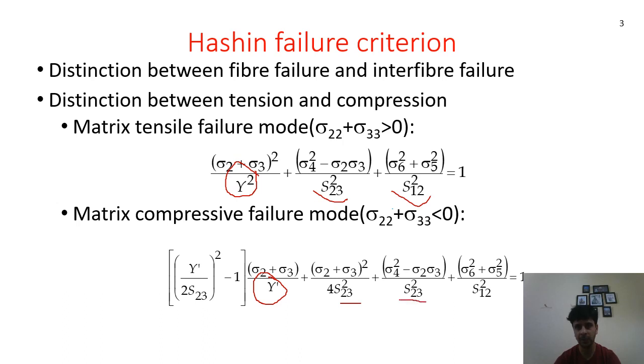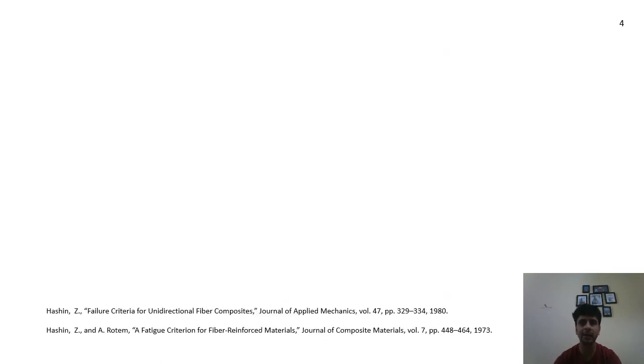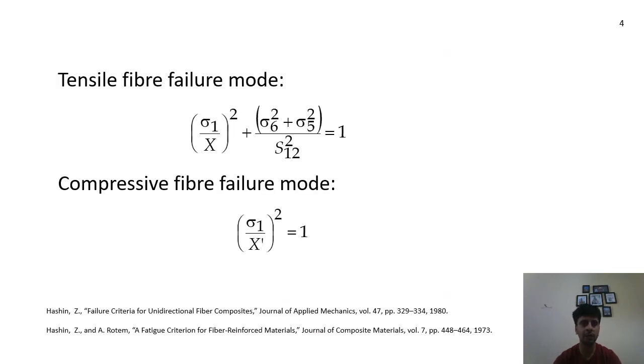Remember, we have put 6 strength properties as input. 4 of them are used for your matrix failure or interfiber failure, and 2 of them are used for your tensile fiber failure and compressive fiber failure. Using this, you can calculate the initiation of damage.